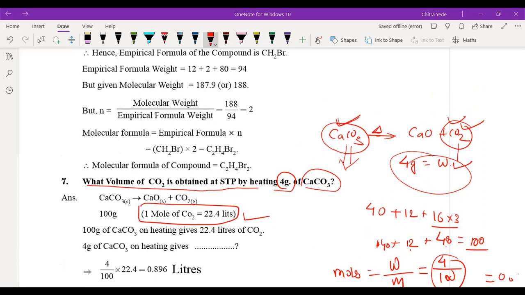So we have 4 divided by 100, which will be 0.04.